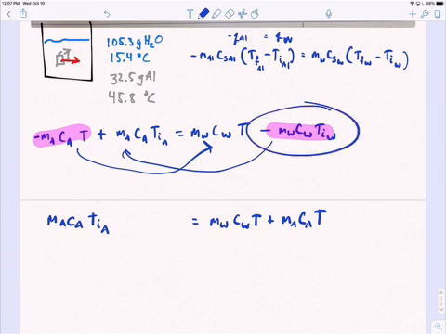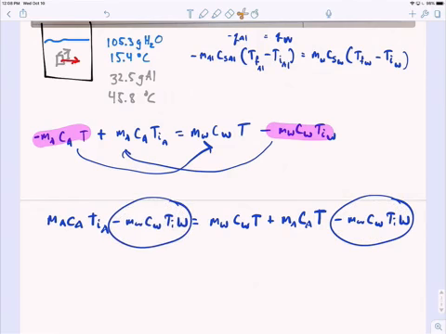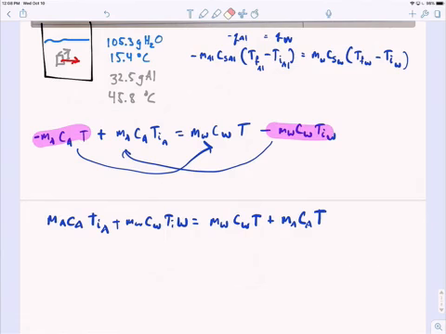And then this term, which says minus mass of water, heat capacity of water, T initial water, I'm going to move over here, and of course it becomes positive, so I have to erase it. Do you understand what I'm doing there?